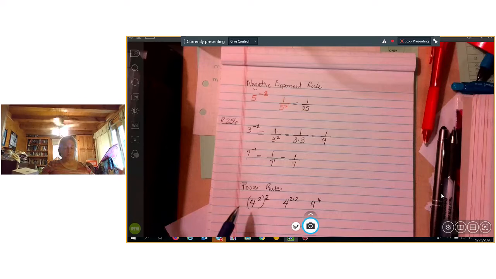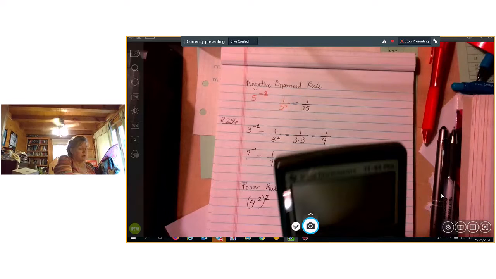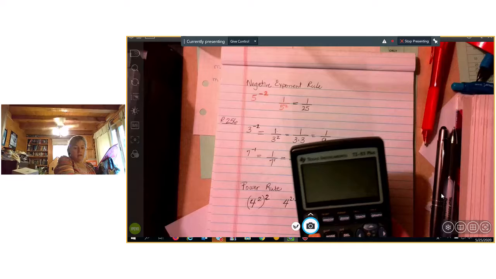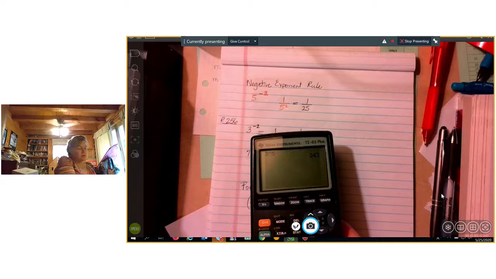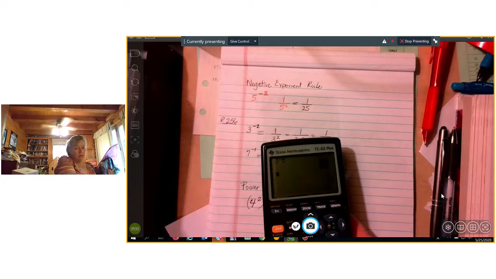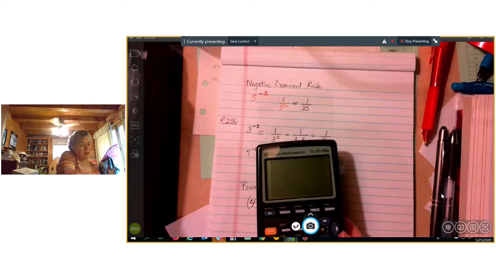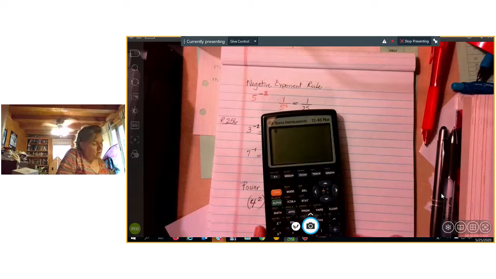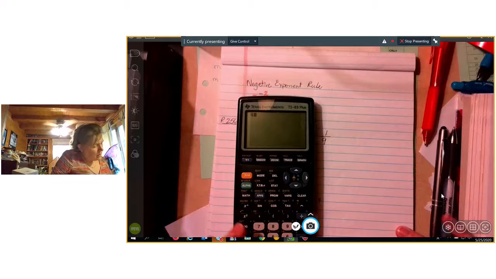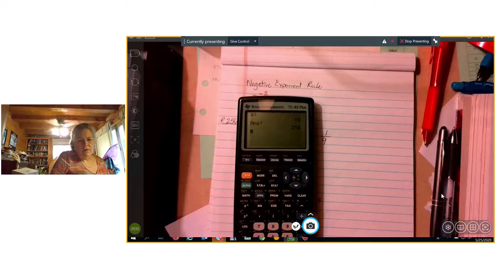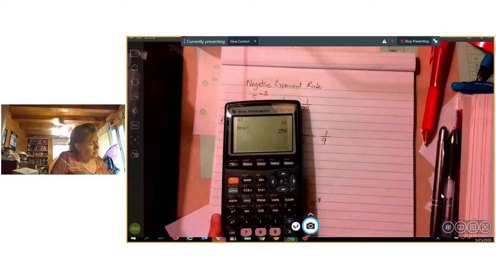So if we look at our calculators, and let's go ahead and tilt it so you can see. 4 squared is going to equal 16, and then I'm going to square that, then that's equaling 256.